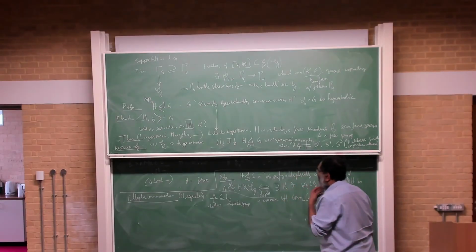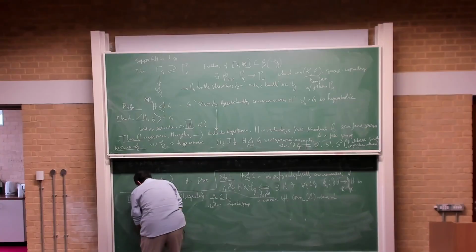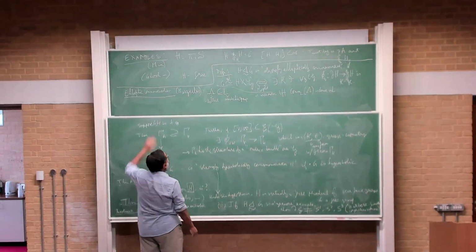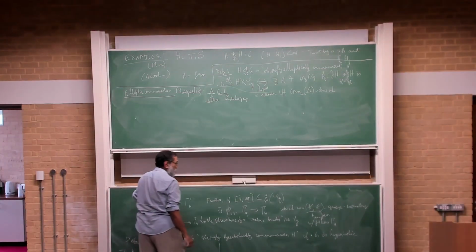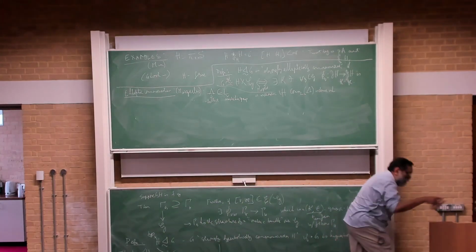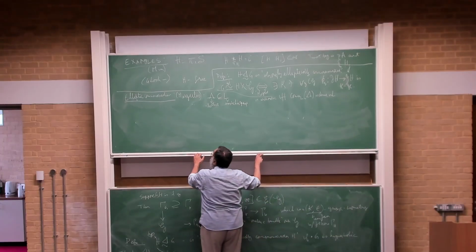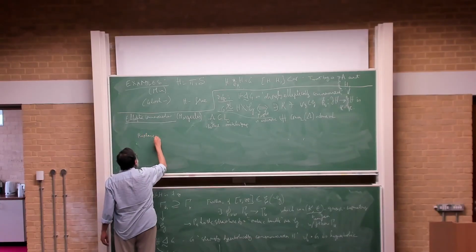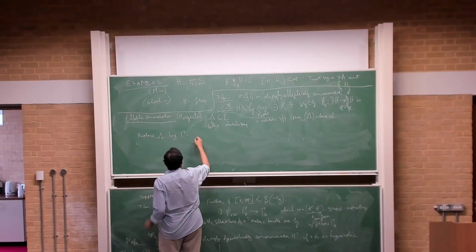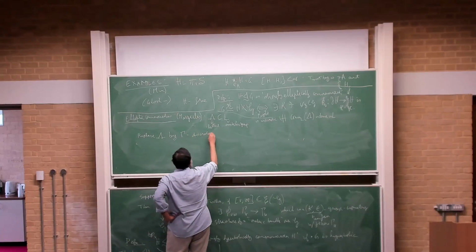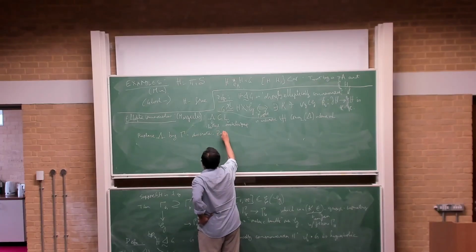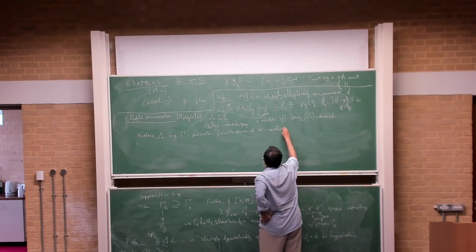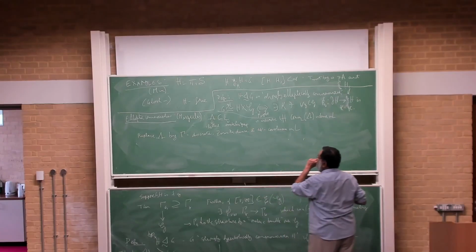Good. All right. So for the rest of the talk, I'll just focus on this class of spaces, and I'll try to address the question where lambda is replaced by gamma, where this guy is discrete, Zariski dense, and of infinite covolume in L. L is again a simple Lie group.